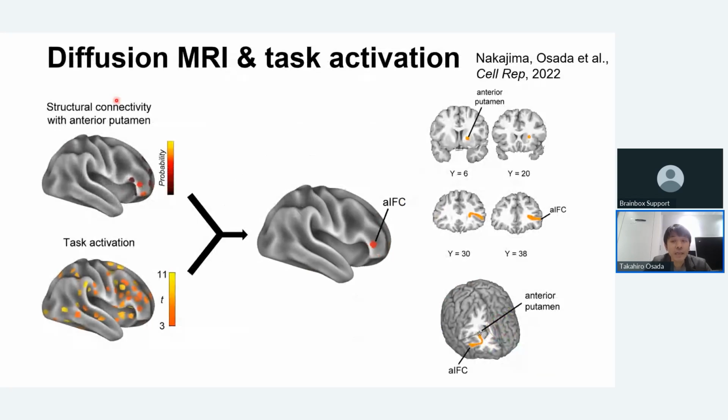Structural connectivity data was then thresholded with task activation via fMRI. The anterior IFC, AIFC, in the right hemisphere was identified as the area that had robust structural connectivity with anterior epithelium and task activation.